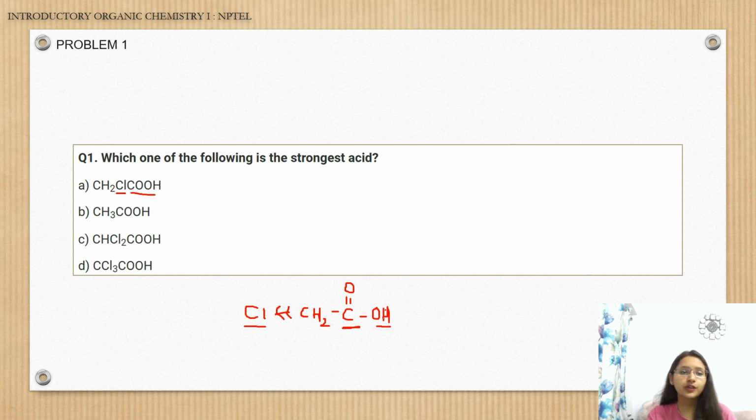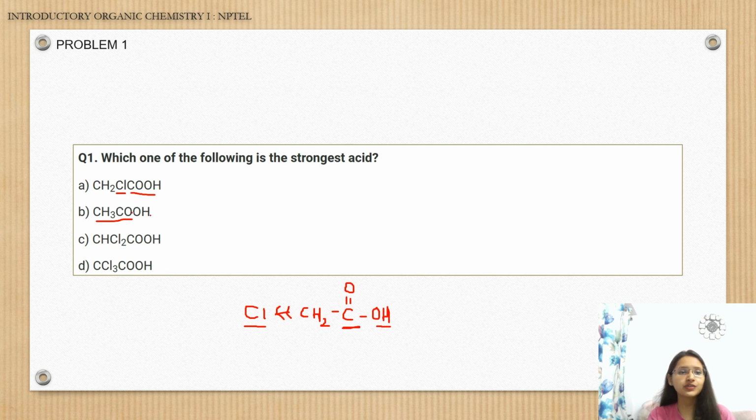Coming back to the question, the options have chlorine atoms 3, 2, 1 or 0. The acetic acid group doesn't contain any chlorine atom at all, so it would be the least strong acid, because the electropositivity is not that high.